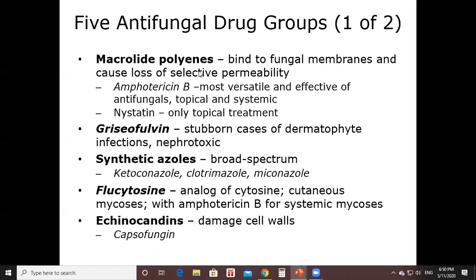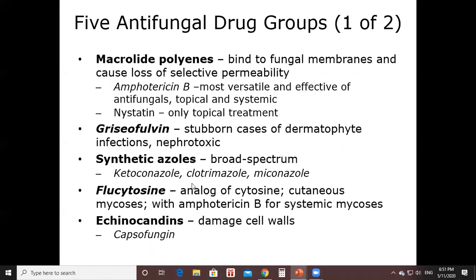I'm not going to have you specifically know these, but you can look at some you've seen before, like amphotericin B and nystatin. They bind to fungal membranes and cause loss of selective permeability. Griseofulvin is used for stubborn cases of dermatophyte infection, but it's nephrotoxic. Then synthetic azoles, ketoconazole, miconazole, you've heard of these.